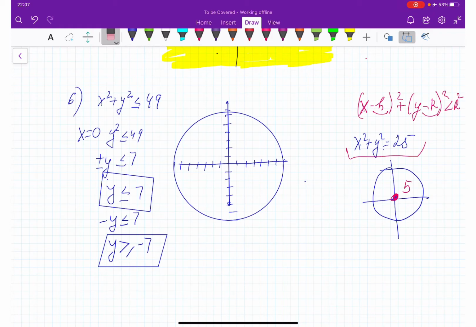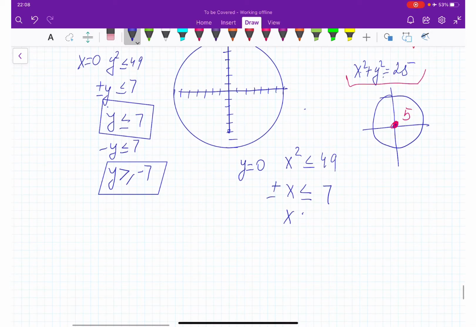Now let's take care of x when y is equal to 0. We get x squared less than or equal to 49, which is plus or minus x less than or equal to 7. So positive x is less than or equal to 7, or negative x is less than or equal to 7, from where x is greater than or equal to negative 7.